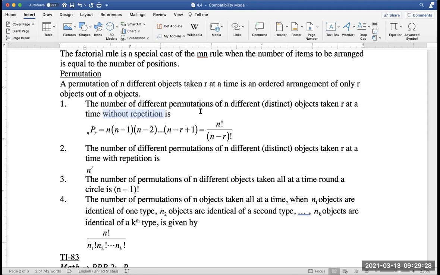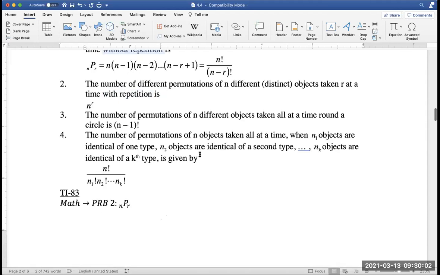With replacement, it's n to the r. Without replacement, it's n factorial over n minus r factorial. That's the NPR. So if you keep taking them away and you don't put them back in.